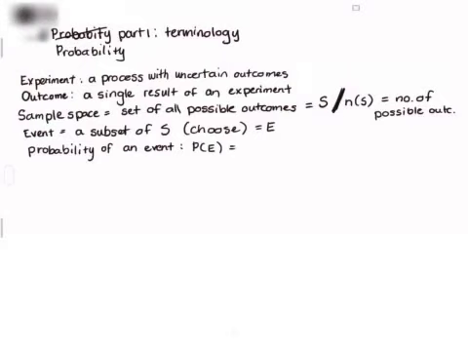And that is taking N, not P, so notice the difference between the P and the N. The probability of event E happening is how many times did I get that reaction over all the possible outcomes.